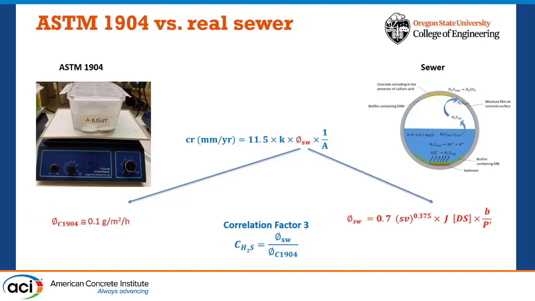For the third correlation factor, we will use it to correlate the average flux in the ASTM testing and in the field. So in ASTM testing, we calculate our average flux, and in the sewer, this can be measured or can be calculated by using the Pomeroy model.